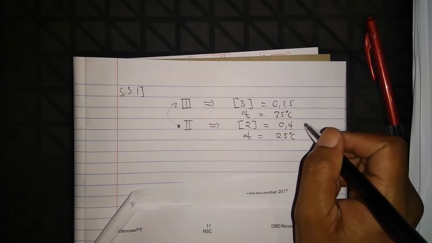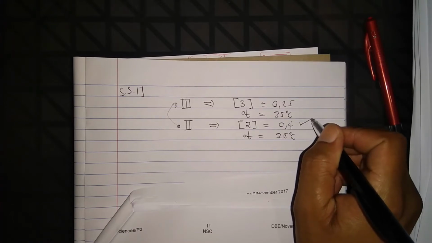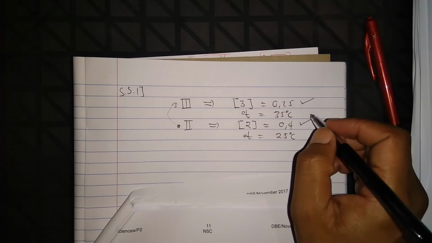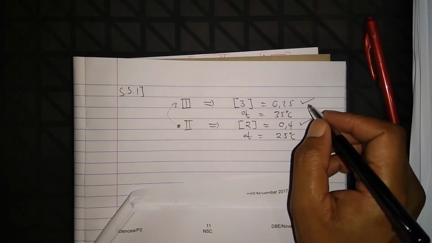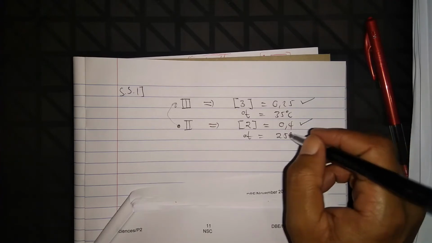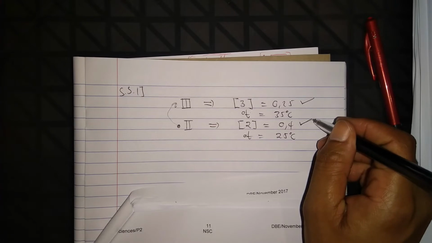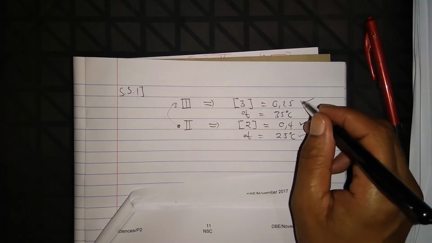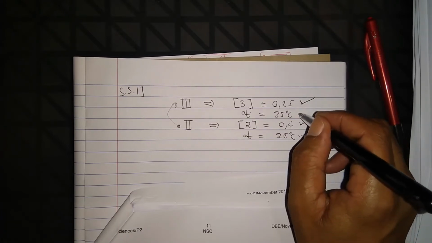Now, since experiment 2 has a higher concentration than experiment 3, and on another aspect, temperature, one has a higher concentration but low temperature, the other has a low concentration but high temperature.